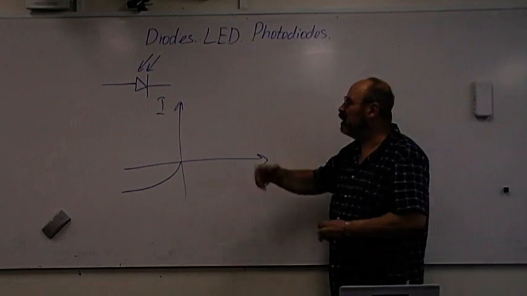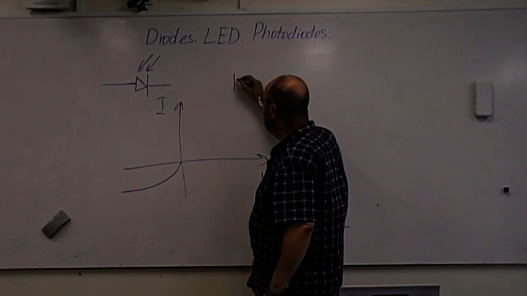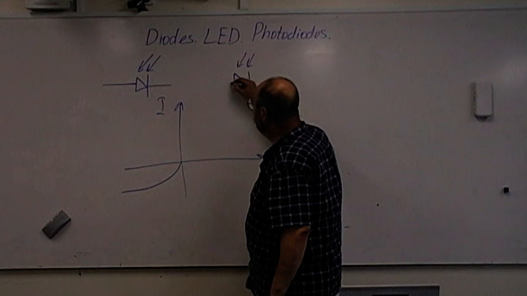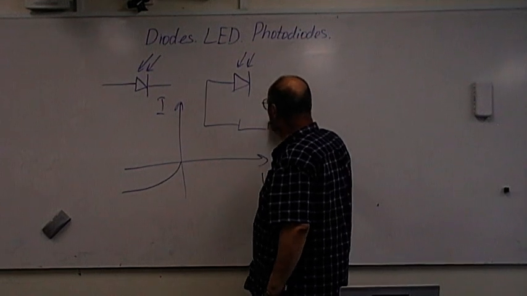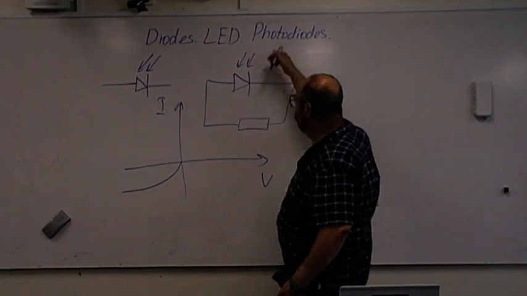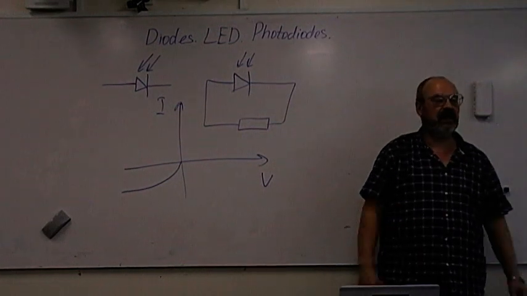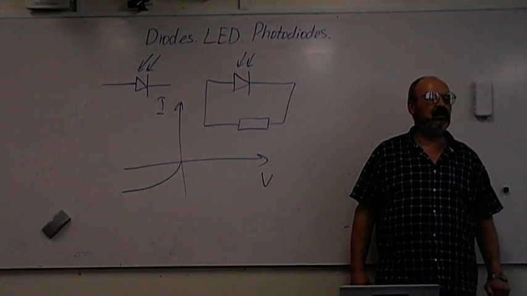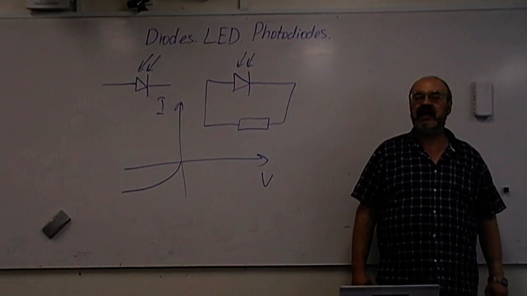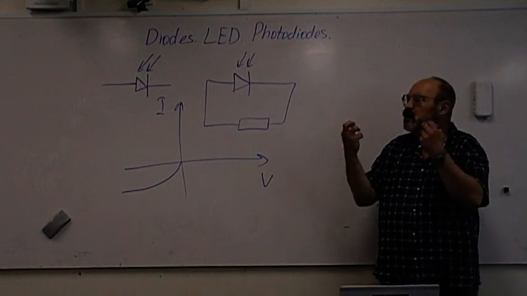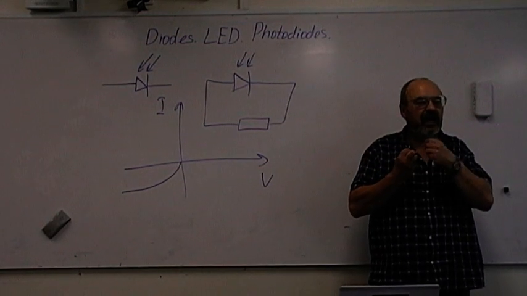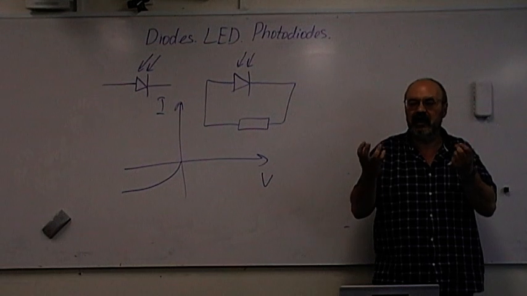A photodiode acts as a power source by itself. We don't need any power supply. If we connect it to a resistor and we have light falling on the photodiode, we will get current going through. Because when light is absorbed by the photodiode, it creates an electron and hole pair.